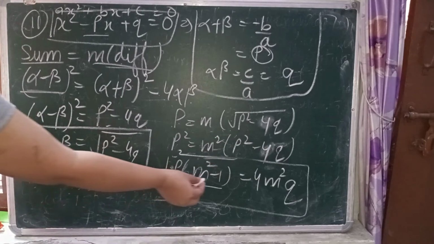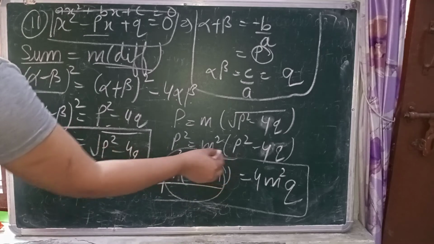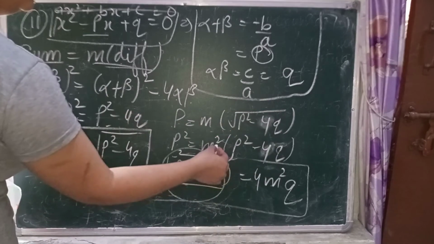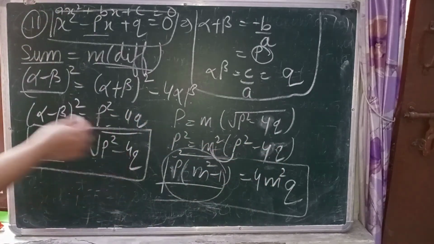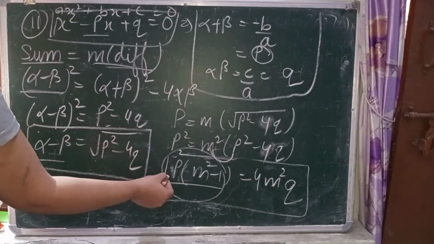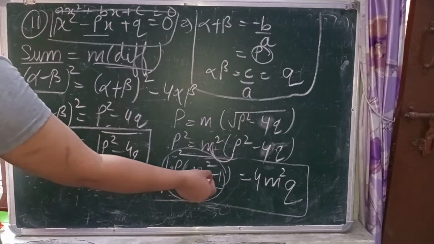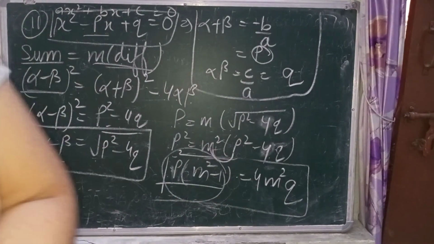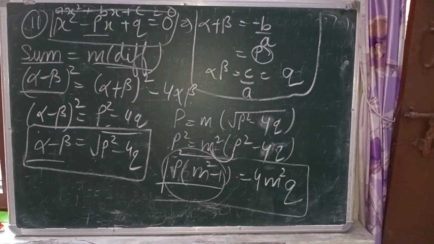So m square p square, and we can take this p square to that side and this m square 4q to the left hand side. So we can take p square common, then it will be p square into m square minus 1 is equal to 4m square q. So this is what they asked to prove.